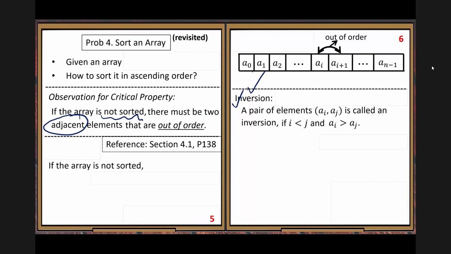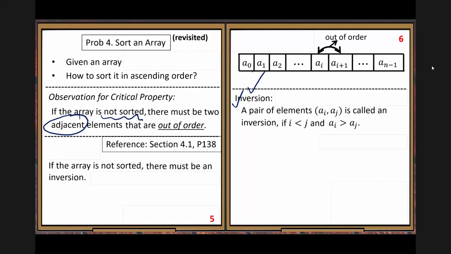If the array is not sorted, what would we have? Here you can see we repeat the above property, but this time we use inversion to restate the statement.